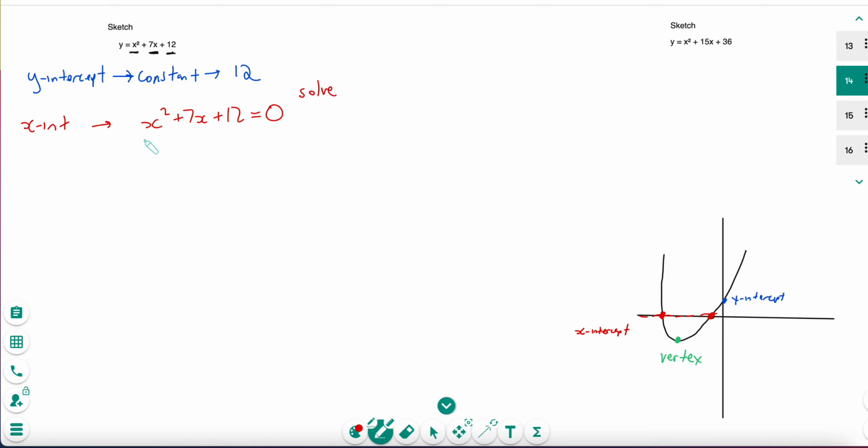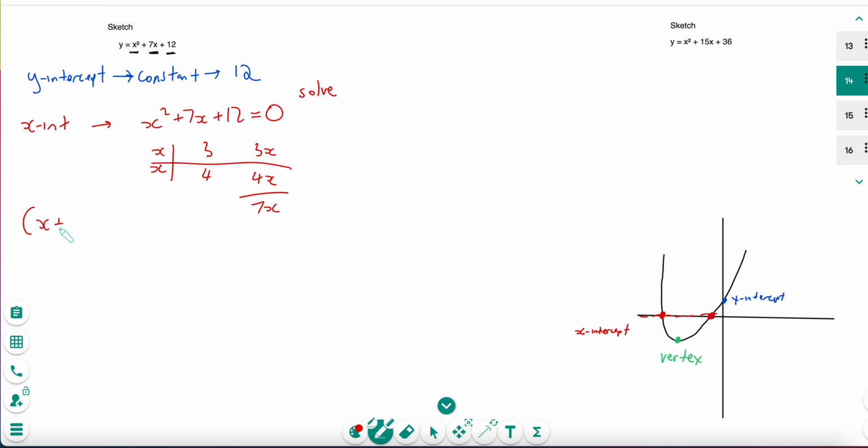It's a quadratic, so in order to solve a quadratic, you must factorize it using the column method and make sure the other side's 0 first. So yes, it is. What times what makes x squared? Well, x times x. What times what makes 12? 3 and 4. Double check: 3x, 4x, 7x. Perfect.